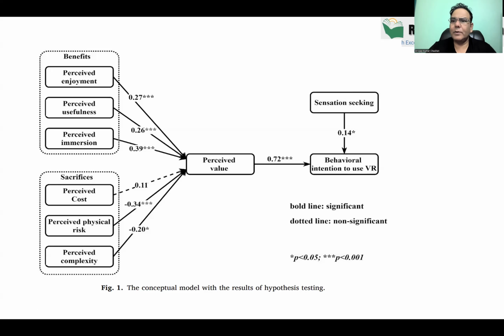Now, I'm giving you one example. Suppose you want to apply this theory on electric vehicles. In this case, the intention to use electric vehicles is the dependent variable, and this is perceived value, as it is.